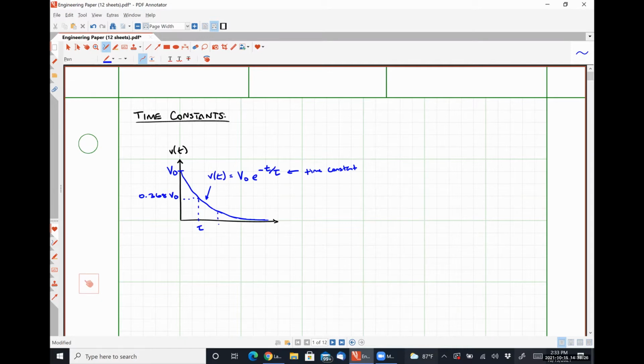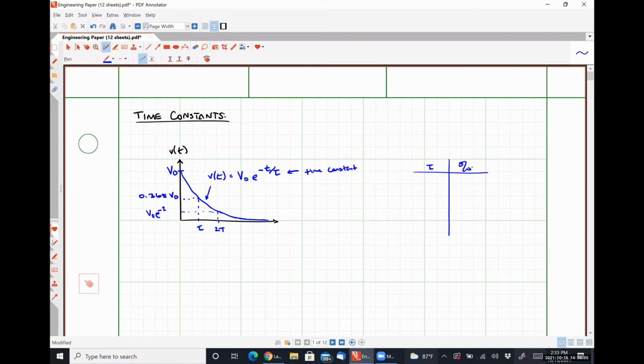So at 2 tau, our value would be V naught times e to the minus 2. And at 3 tau, it will be V naught times e to the minus 3, etc. So I'm going to make a simple table here. Tau and percent.